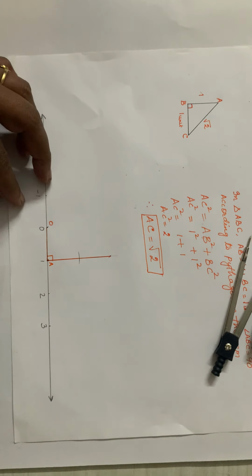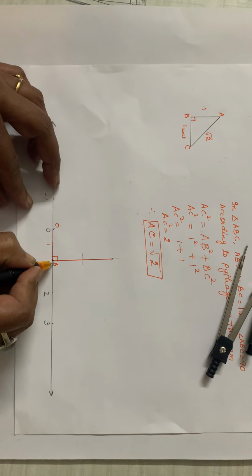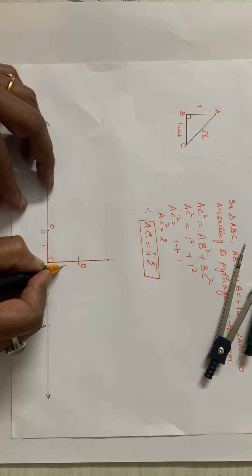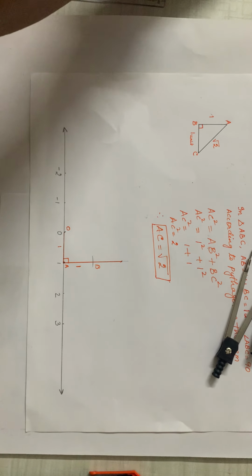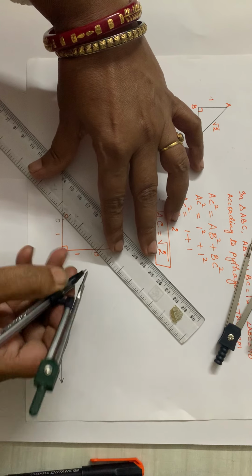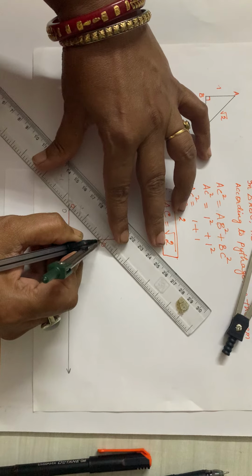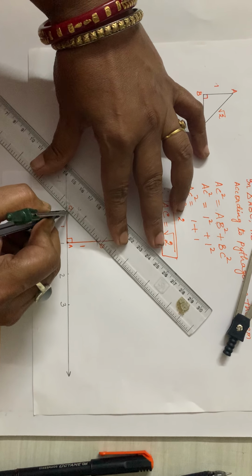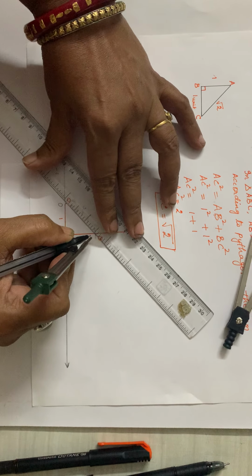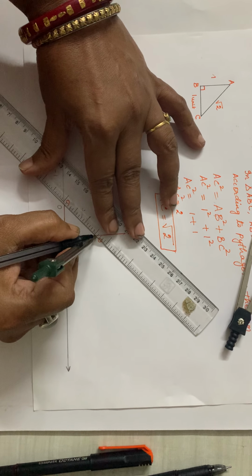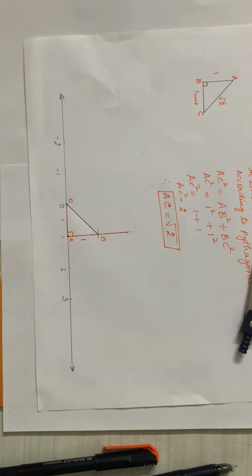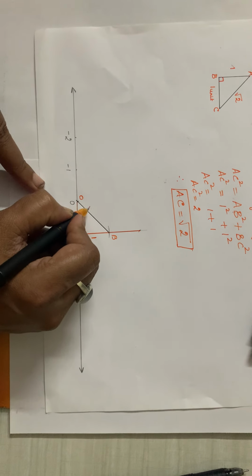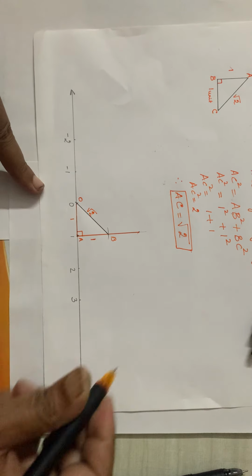So in this figure, 0 to 1 is 1 unit. A to this point B is again 1 unit. And therefore, when I join OB, as we have seen, this is the hypotenuse of the right angle triangle. And the length of this OB will be square root of 2.